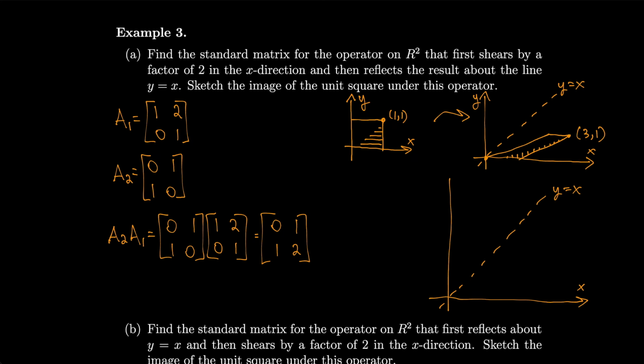And that means that we end up over here, where this is (1, 3). And notice the shading flips to the other side.